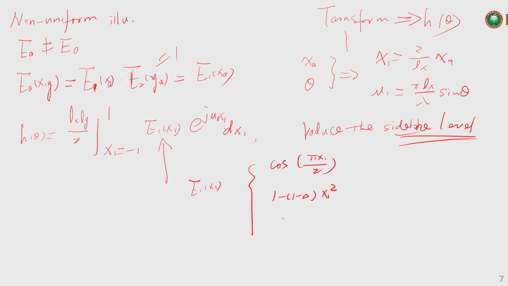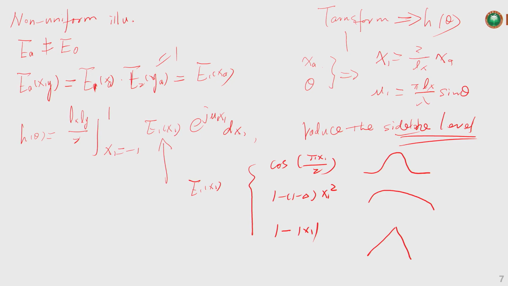It can also follow a triangular function. That's all right. So the cosine function, the parabolic function, and also the triangular function.